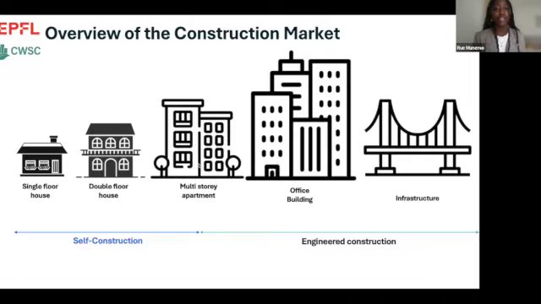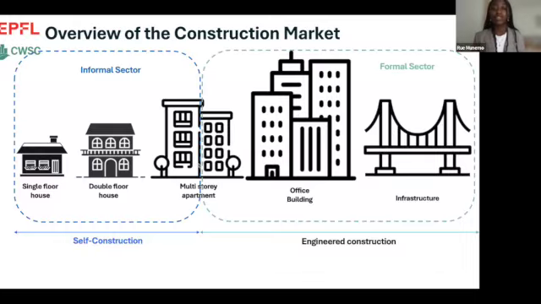With the engineered construction, this is your big buildings, massive infrastructure projects, typically tendered, typically public money, government, whether the government is paying for it or it's a formal development in that sense of the word. Then self-construction is more so the average citizen going out of their way to build their own, whether it's a tiny development or their own single floor house.